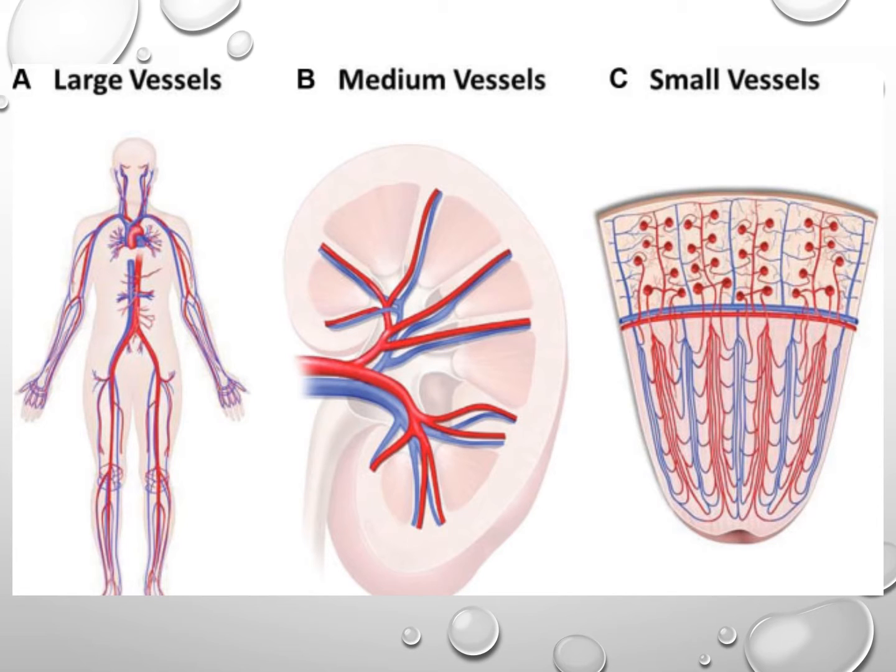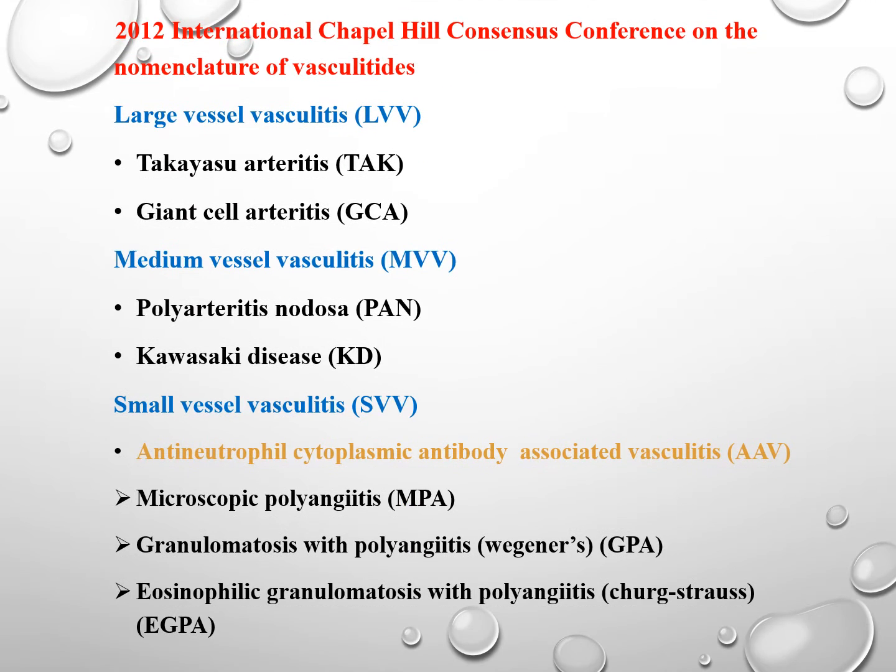This is the old classification of vasculitis, which depends mainly on the size of the blood vessel, either large, medium, or small. This is the latest Chapel Hill classification criteria, which depends on the etiopathogenesis as well as blood vessel morphology.